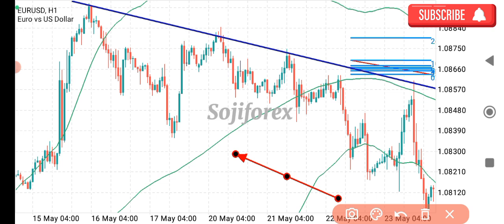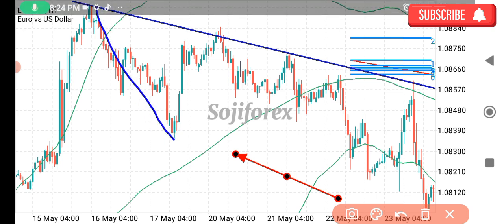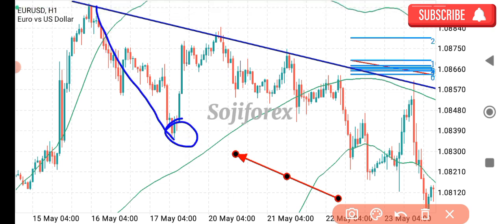So when price moves from this level to this point, we are expecting that it has sold over time, so there should be a pullback in order for us to have the second leg. The only way we can determine this pullback is for us to mark our low and our high.